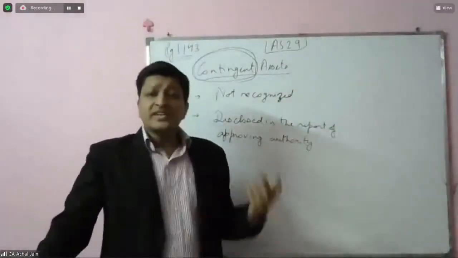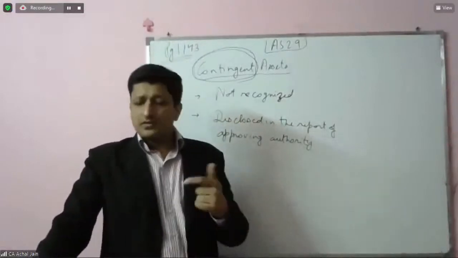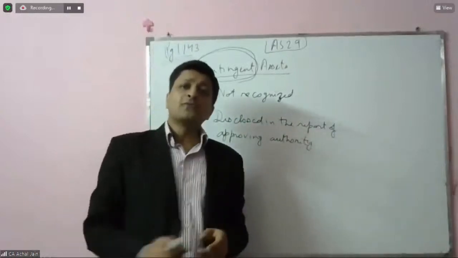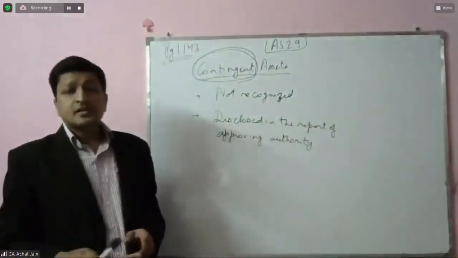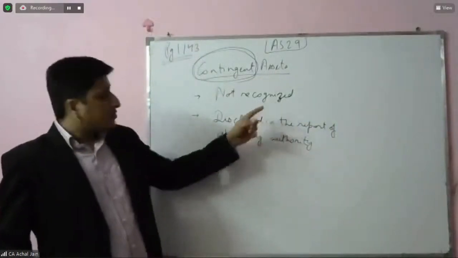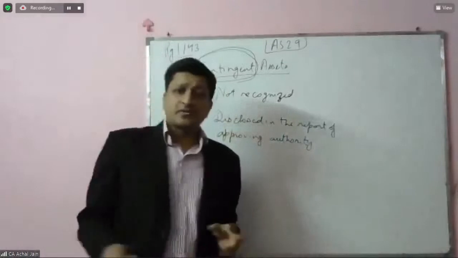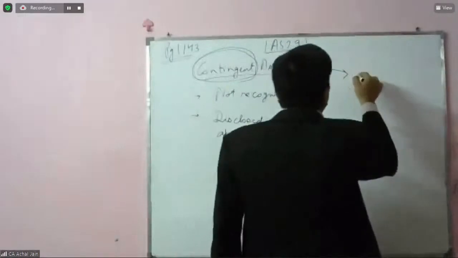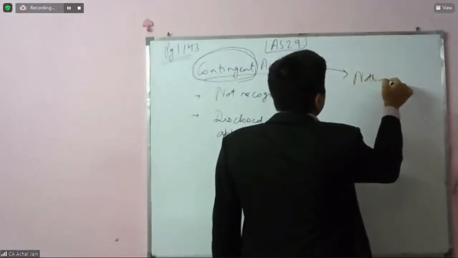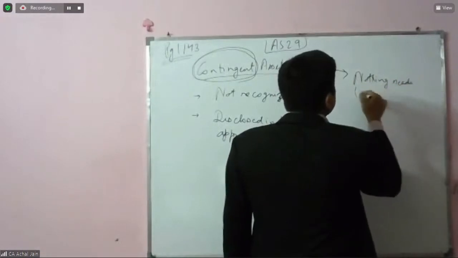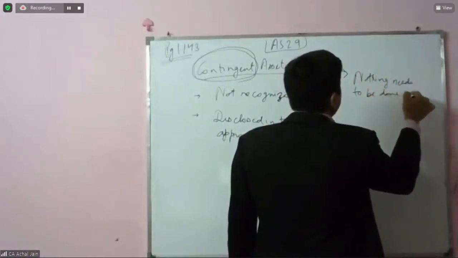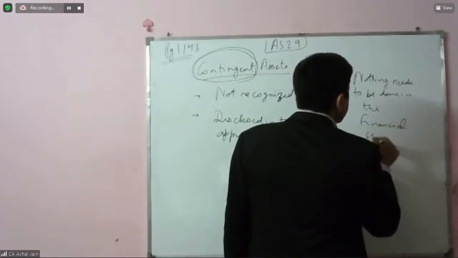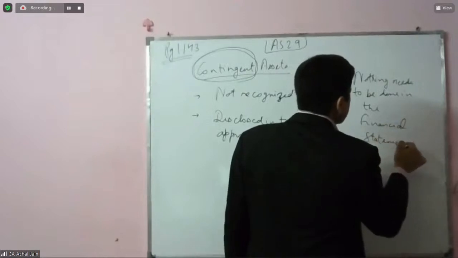Number one, I think, is very easy to understand if you link this to contingent liability, because definitely for a contingent asset recognition is not possible. The only thing you need to remember for a contingent asset is that this is neither recognized nor disclosed in the financial statements. So that means this will stay away from the financial statements. So we can just say nothing needs to be done in the financial statements. And please underline this point, the financial statements.